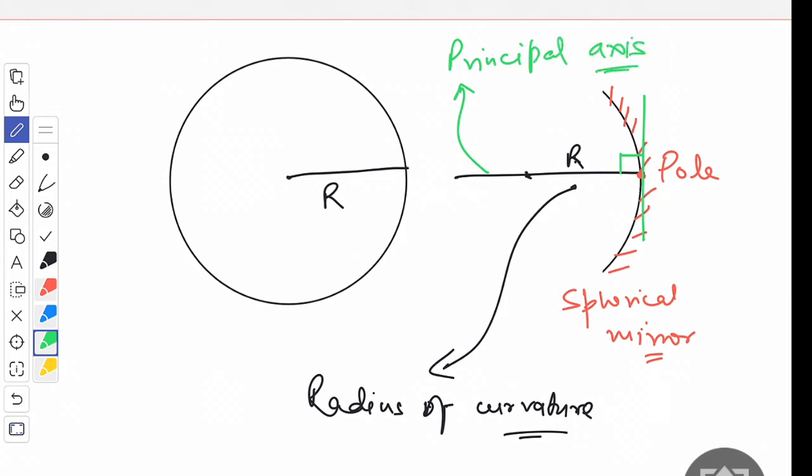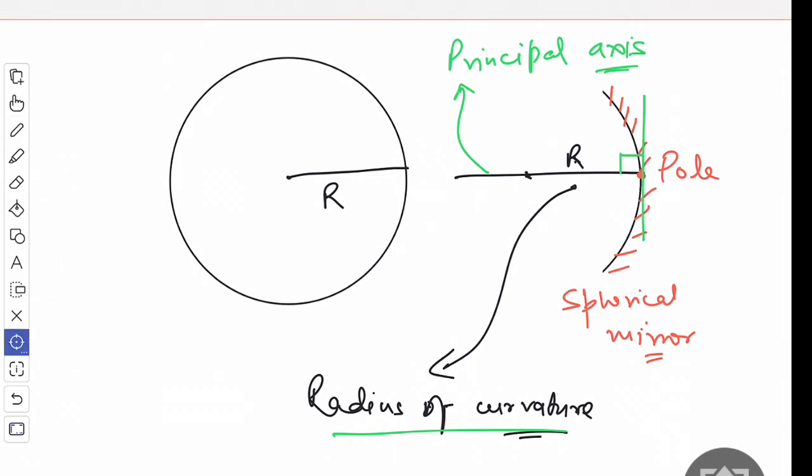One more thing I want to tell you. This distance, from here to here, this length is called aperture.